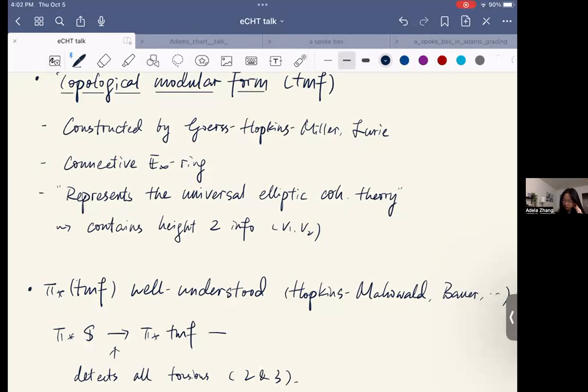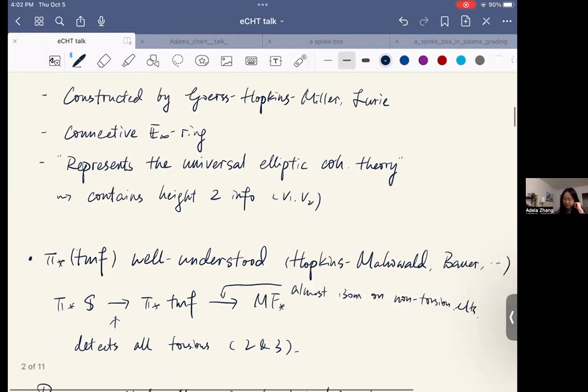On the other hand, there's a ring homomorphism to the classical ring of modular forms, and this is almost an isomorphism on non-torsion elements. So the homotopy group of TMF is made up of torsion seen from the sphere spectrum and some interesting information about modular forms.